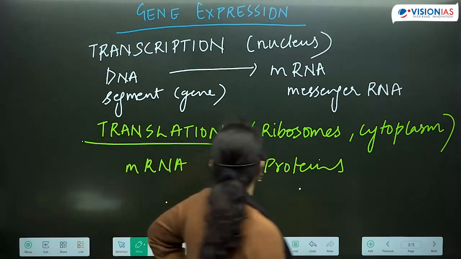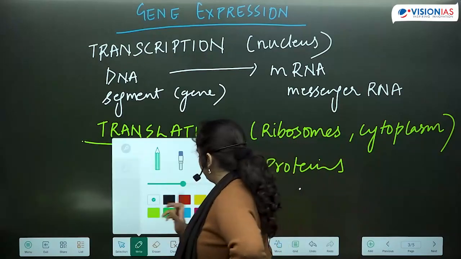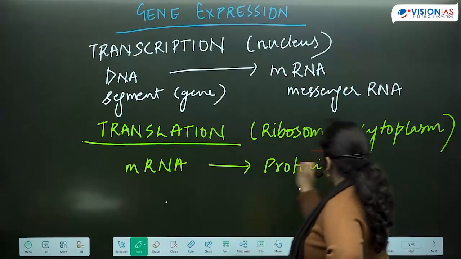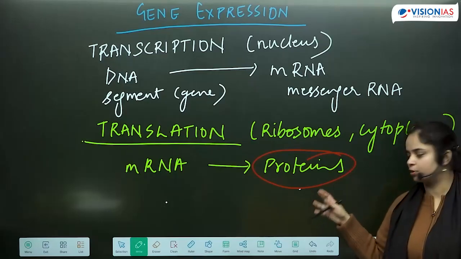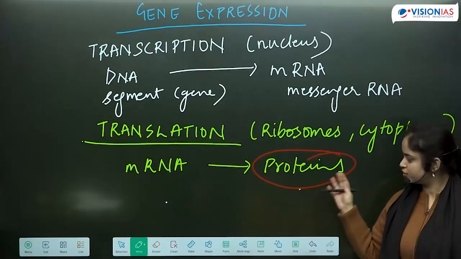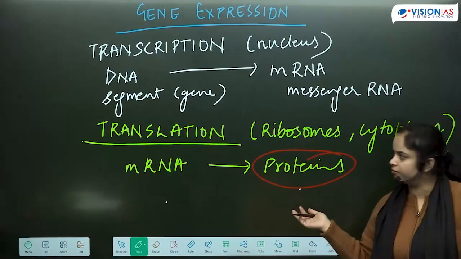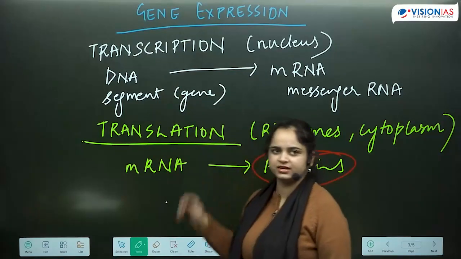How we can do this is, we can find a way to avoid or stop production of this protein. Okay? If protein production does not happen, there will be no impact of the gene. So the way to stop it would be, we have to do something to either of these steps.